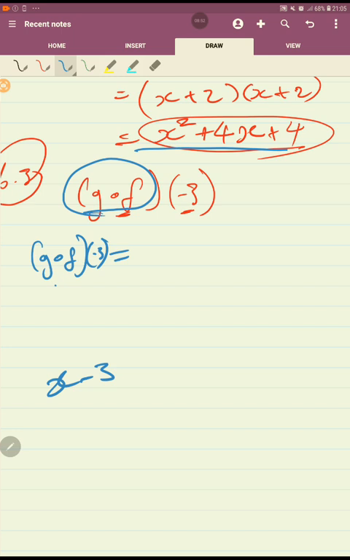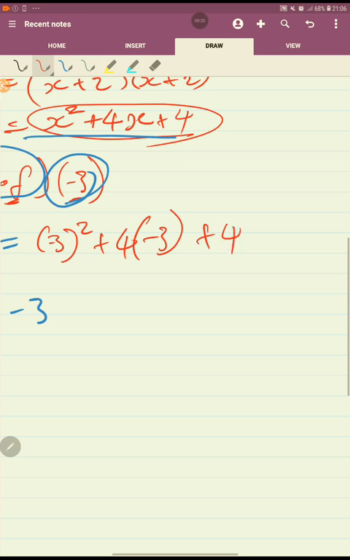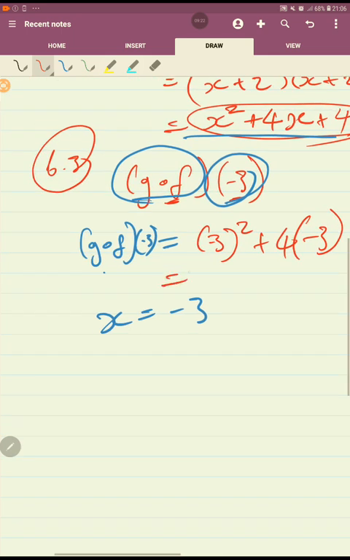Wherever you see x, you put negative 3. So we have negative 3 squared plus 4 multiplied by negative 3 plus 4. Therefore, that will give you the answer.